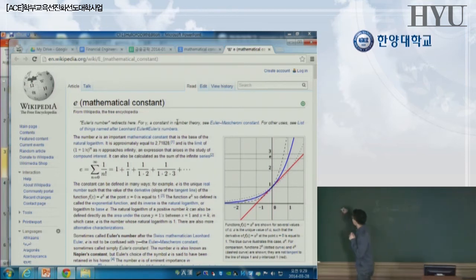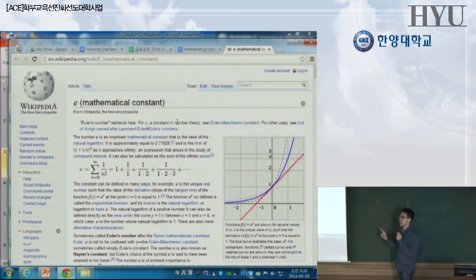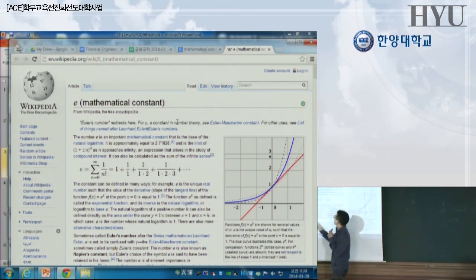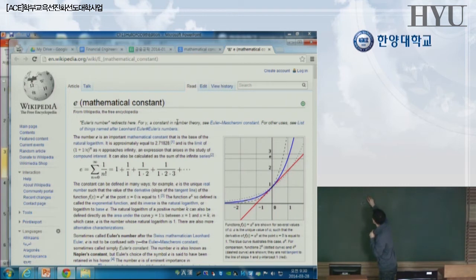So, e to the power of x. The definition of e to the x is simply you put x over here: x squared, x cubed, so x to the power of n, over n factorial, summed to infinity.